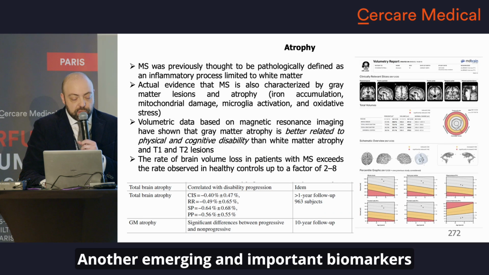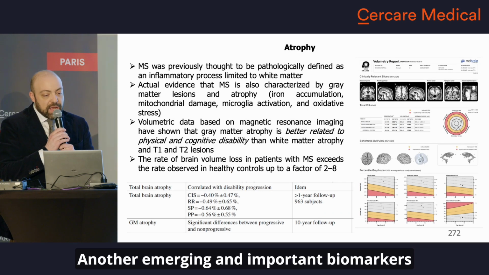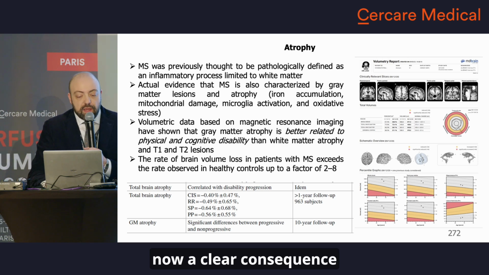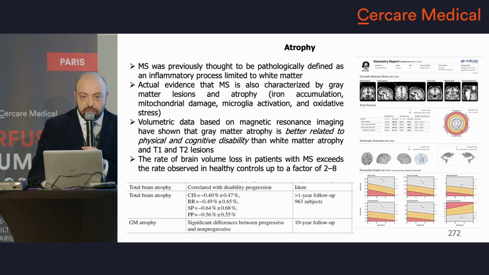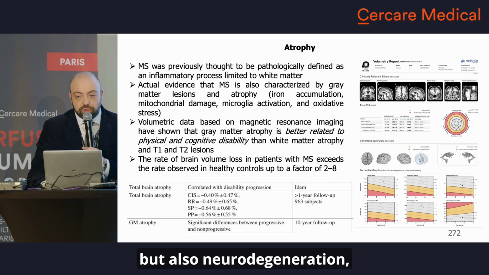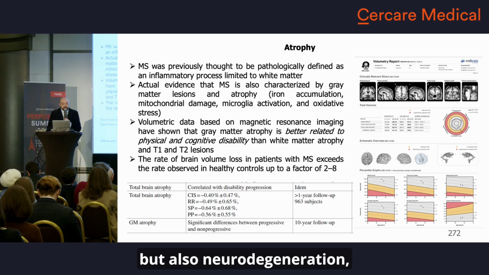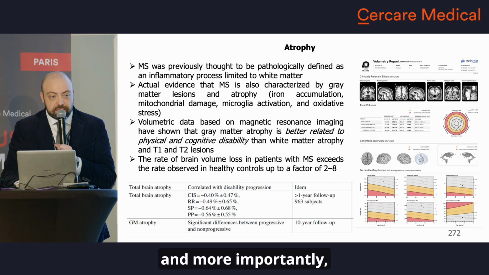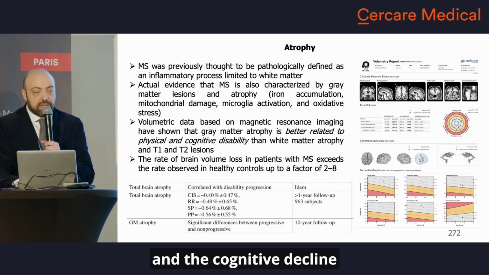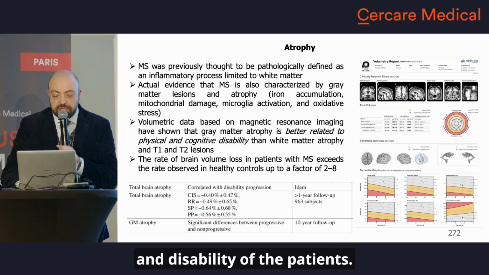Another emerging and important biomarker is atrophy, which is now a clear consequence of the pathology: it's not only inflammation but also neurodegeneration, not only of the white matter but also the gray matter. More importantly, it is strictly associated with the physical and cognitive decline and disability of the patients.